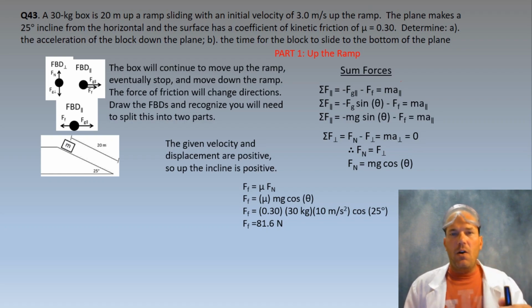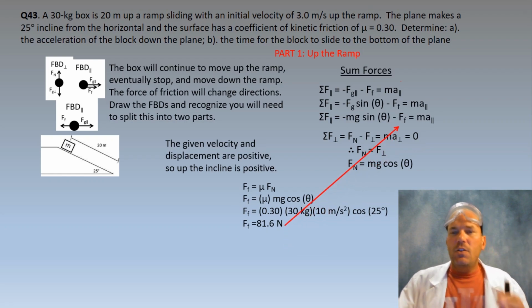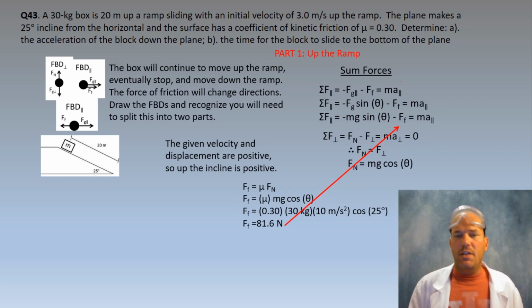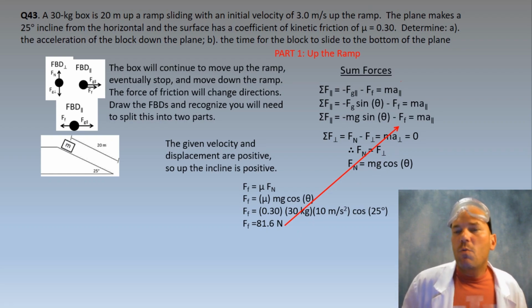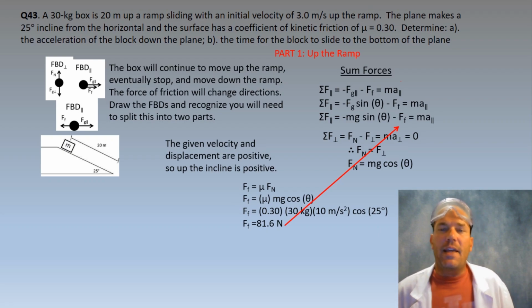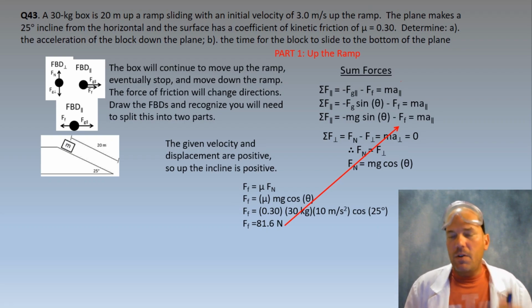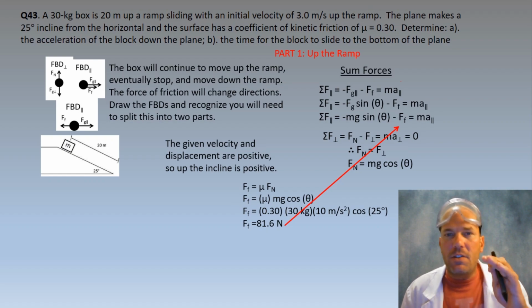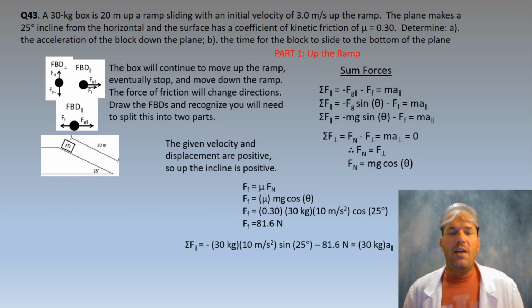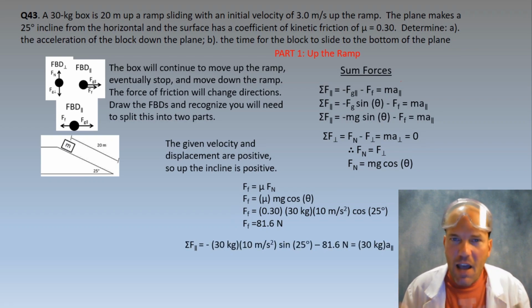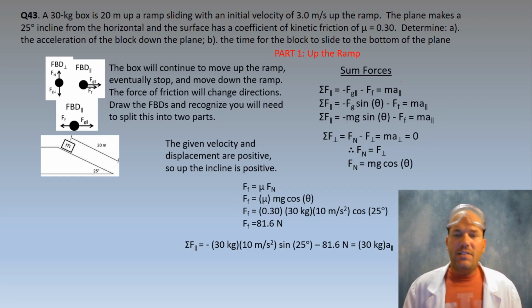All right, now we can go back to our parallel summation. Now that we've solved for the force of friction, we're going to be subtracting that value in our original parallel summation. So let's look back at our parallel summations here and plug in our new values. We now are going to put in the mass.